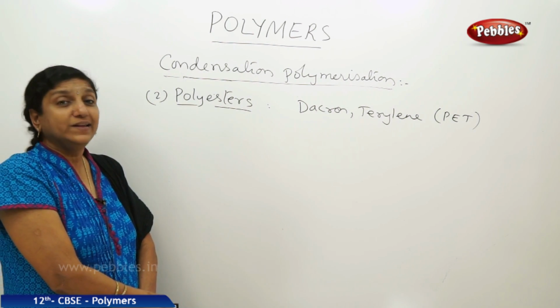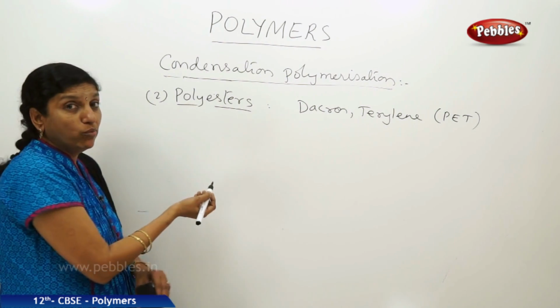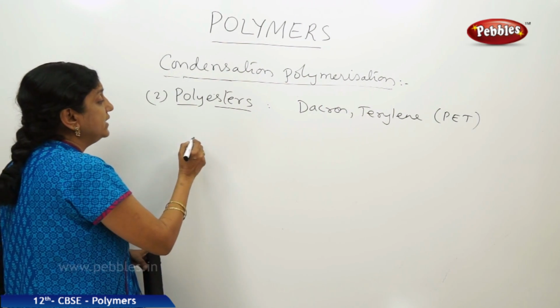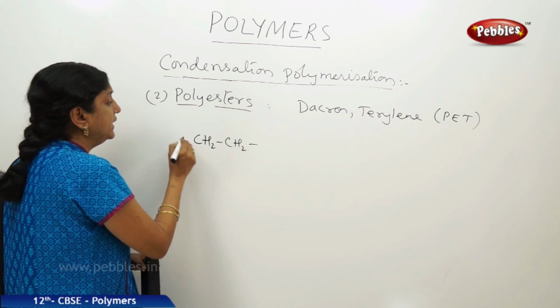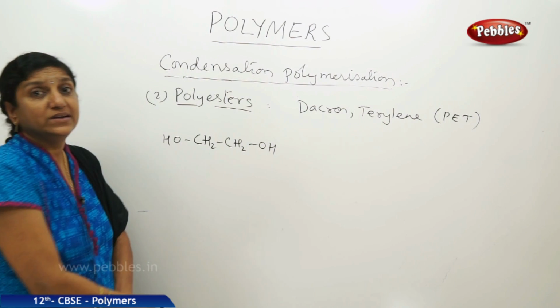So, polyethylene terephthalate. The monomers that are used in the preparation of Dacron are ethylene glycol, CH2, CH2, this is the ethylene part, glycol having two OH groups on adjacent carbons.